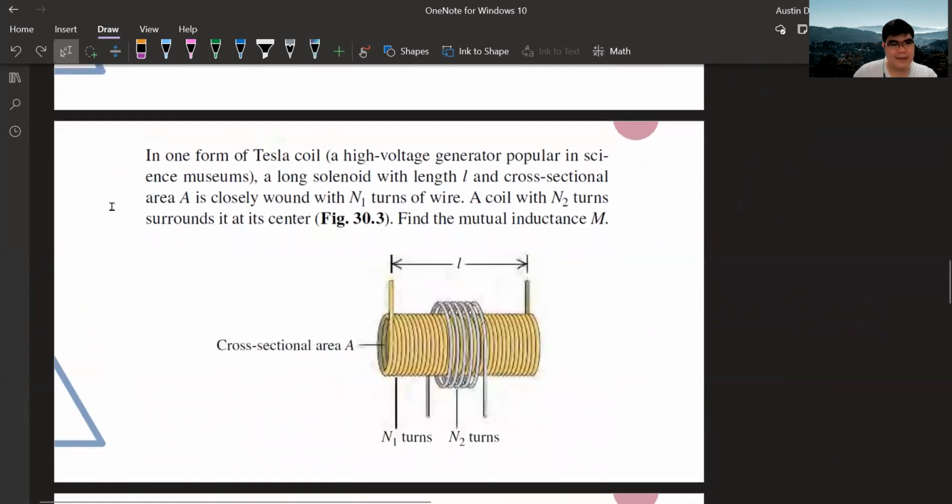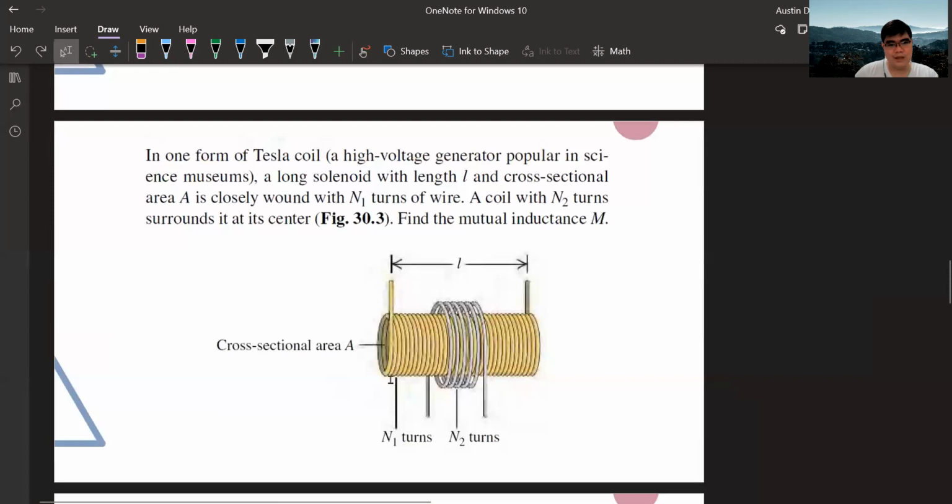Okay, let's try this example. Meron tayong Tesla coil. And then we have a long solenoid with length L, this guy, the yellow one, and a cross-sectional area A that is surrounded by N2 turns of wire.